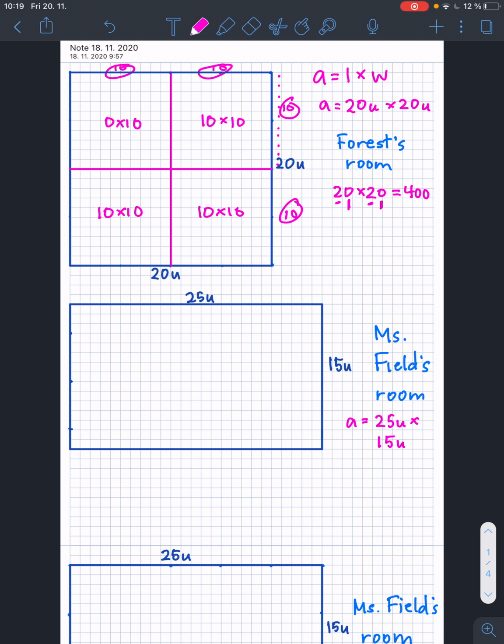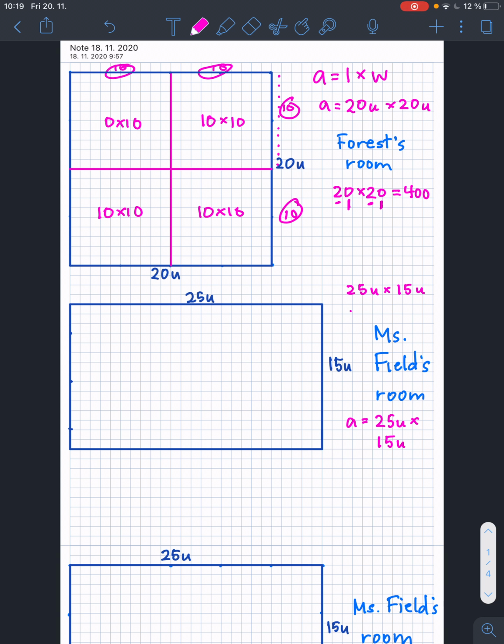But unfortunately, that same ease of calculation doesn't work when we look at Miss Field's room. Miss Field's room is giving us an equation of 25 times 15, 25 units times 15 units, and that is much harder to calculate. This is a place where it's much easier for us to find a smaller equation hiding inside a bigger equation.